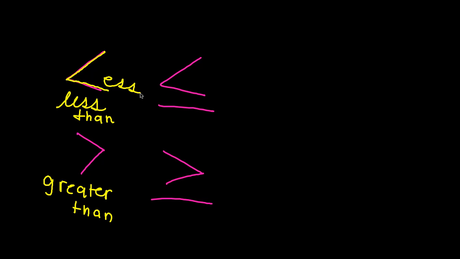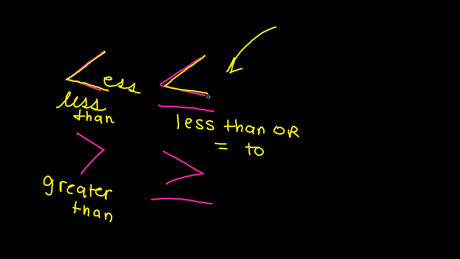And our other one, in the opposite direction, is greater than. Then we have this symbol over here that looks exactly like the less than symbol, but it has that line underneath it, and that's our less than or equal to. It's really that less than symbol and an equal sign at the same time.